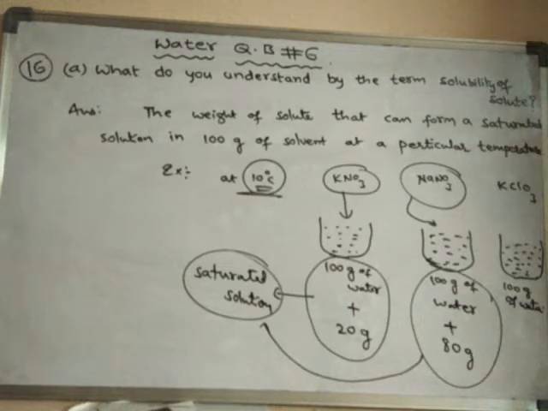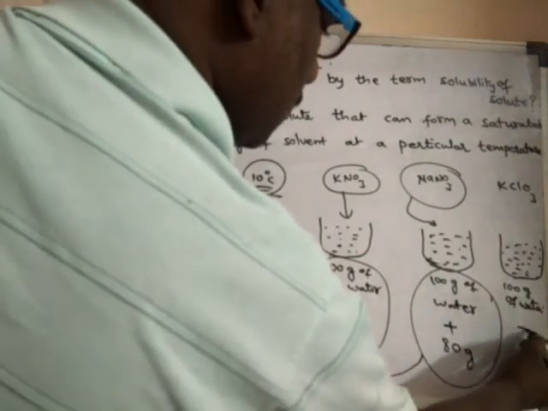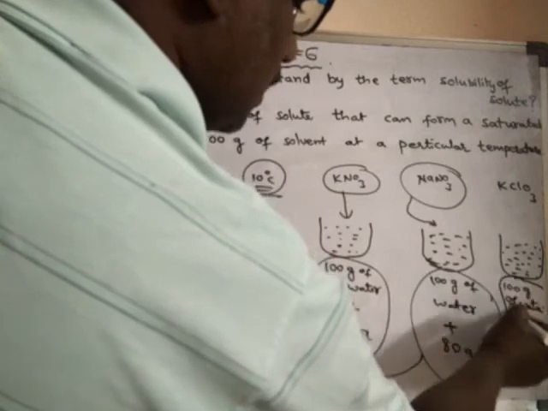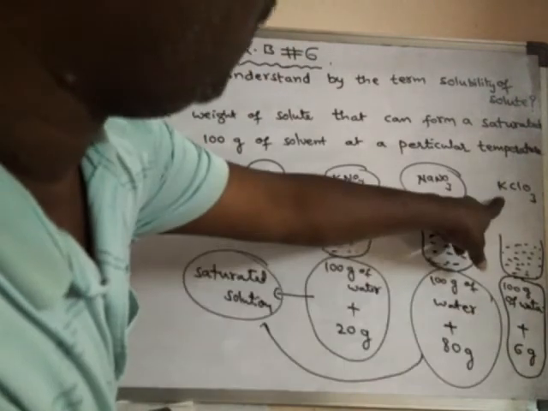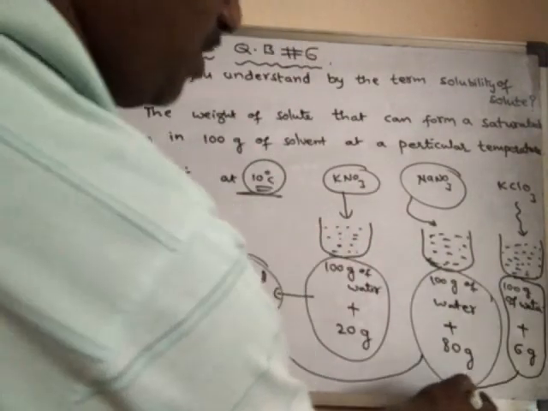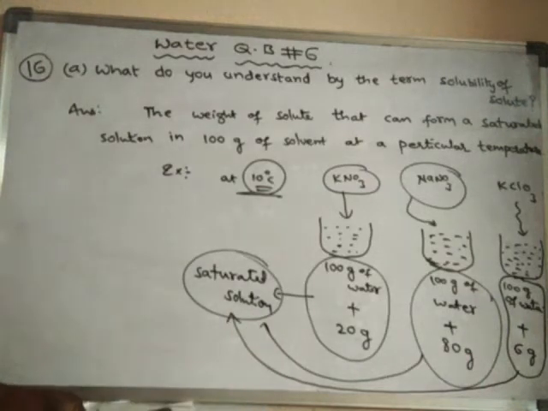For potassium chlorate, it is around 6 grams. If I add around 6 grams of potassium chlorate into 100 grams of water, it is able to form a saturated solution. Are you able to follow?